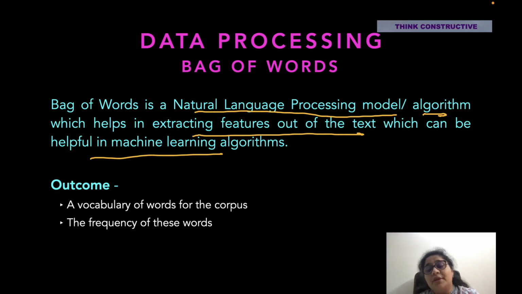In my previous session, I told you about text normalization, but there the text was only simplified, not converted to numbers at all. That was just an intermediate step.